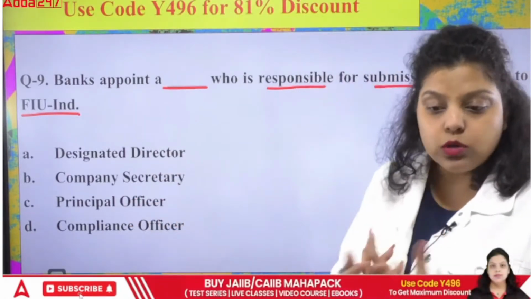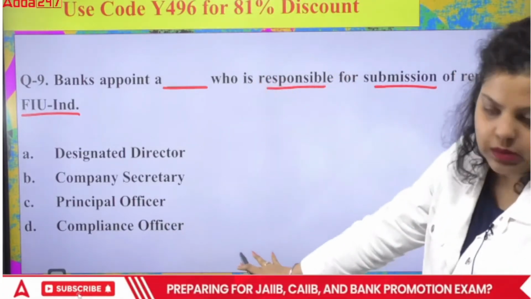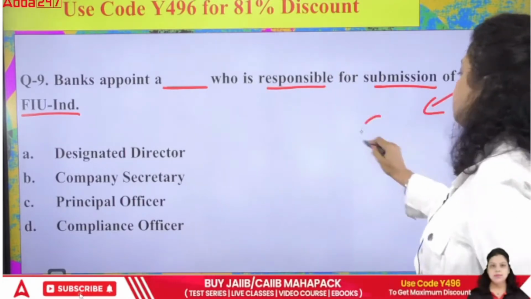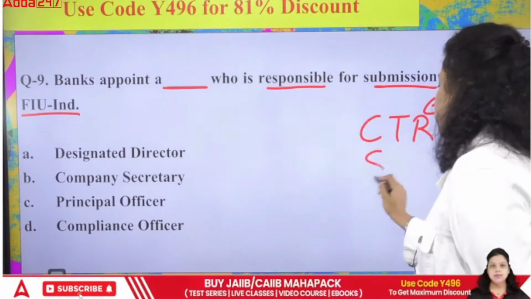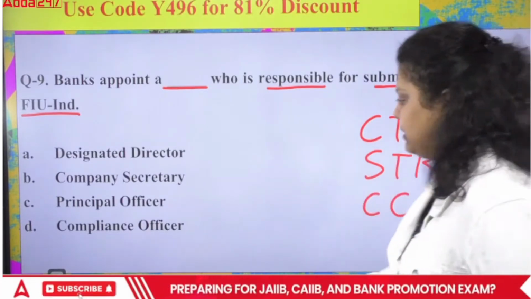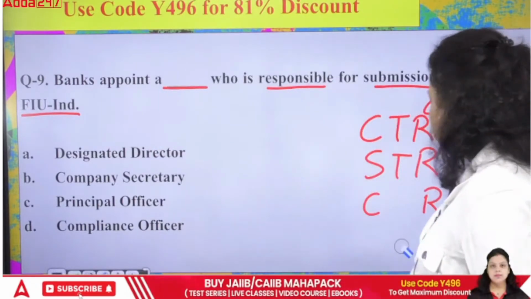Now, what kind of reports are we talking about? The person the bank appoints is responsible for submission of reports. The reports will be your cash transaction report, your suspicious transaction report, your counterfeit currency report. Do remember the full forms of them, that is very important.